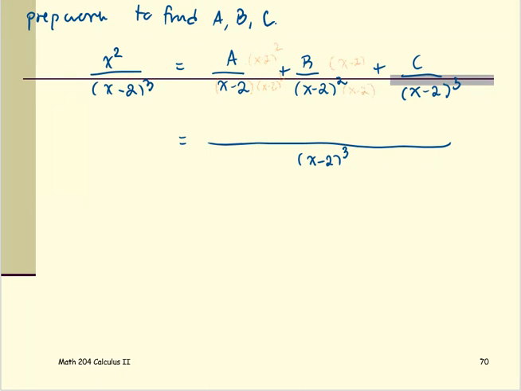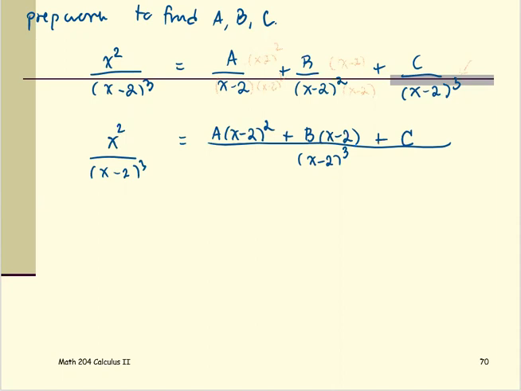But I don't have to do anything with the last fraction because the denominator is already in the power 3. So the first term is going to be A multiplied by x minus 2 squared. Second term is B times x minus 2, just the first power, and then plus C. The left hand side is one single term. The right hand side is one single term as well, but in the form of ABC coefficients.